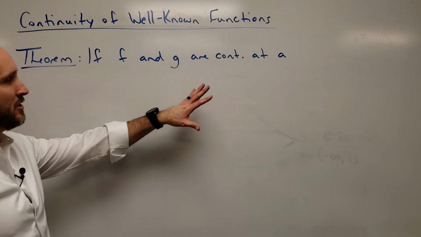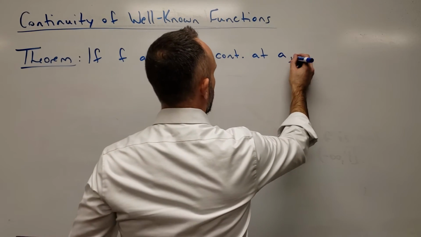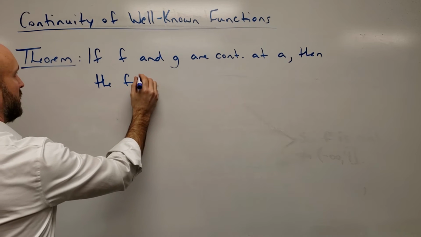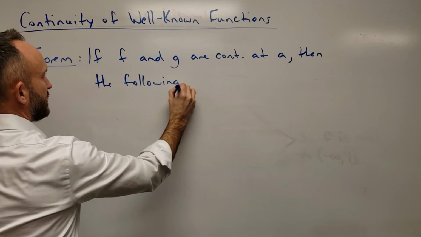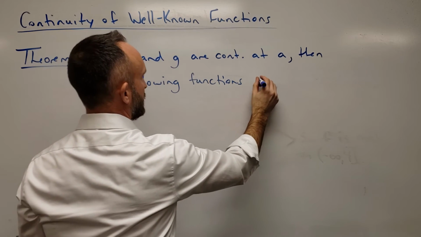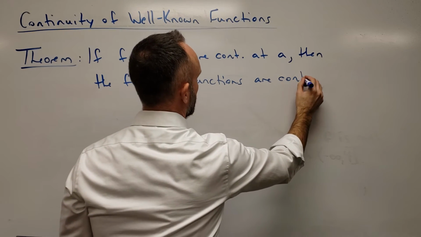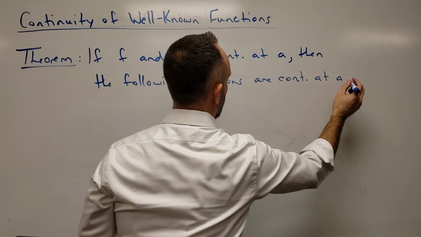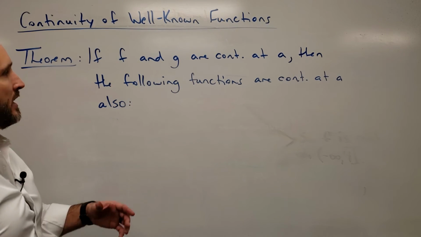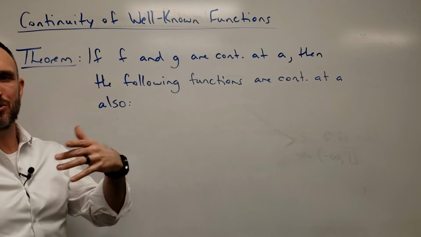If f and g are continuous at a, then the following functions are continuous at a also. And so we can combine these functions using arithmetic.